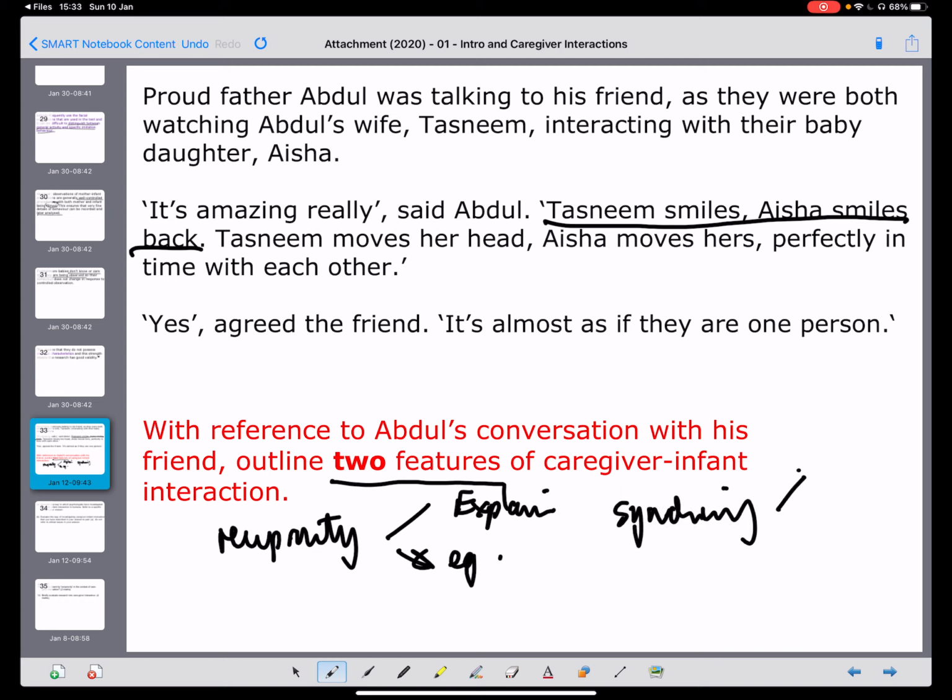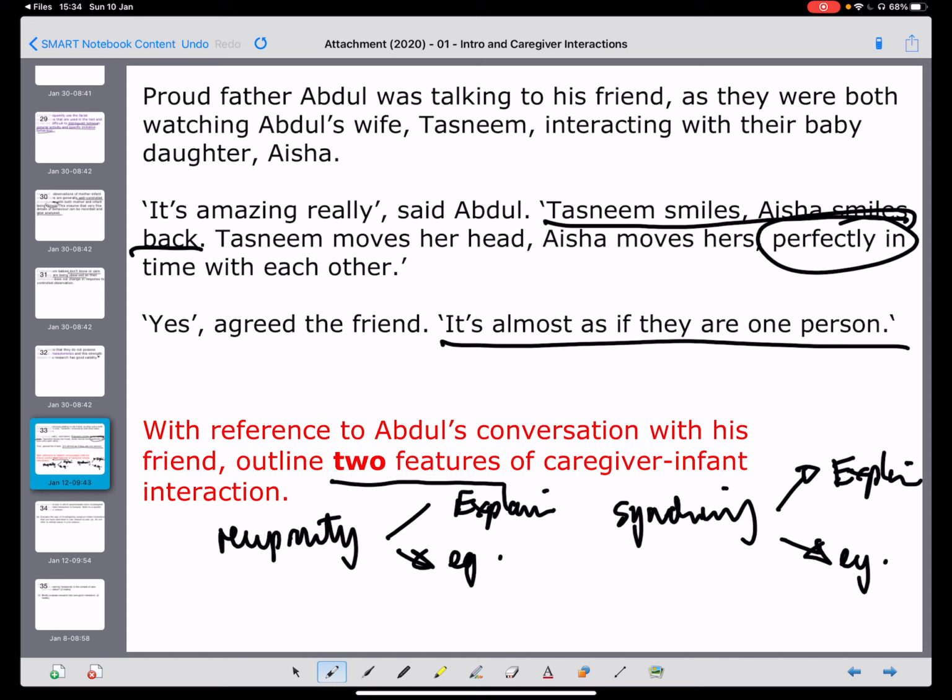Of course, we have to do the same thing, where we explain it, and then we look at the example. Now I think there are two things that you could do. One is Tasneem moves her head, Aisha moves hers perfectly in time with each other. Quite like that phrase, perfectly in time with each other. Or of course, you could say almost as if they're one person.